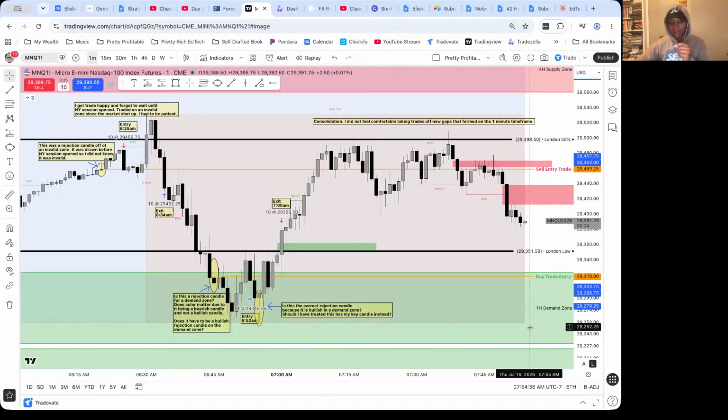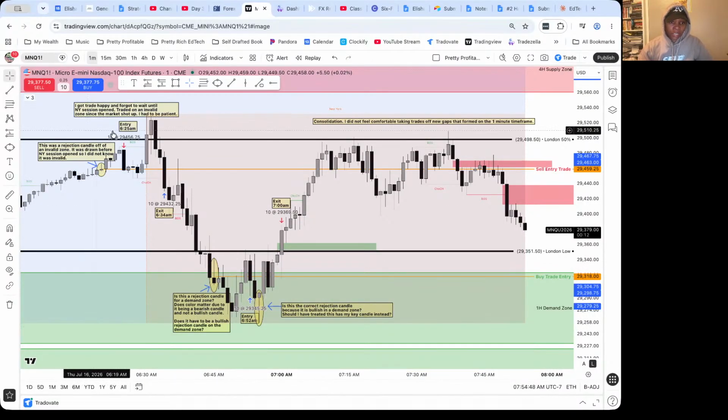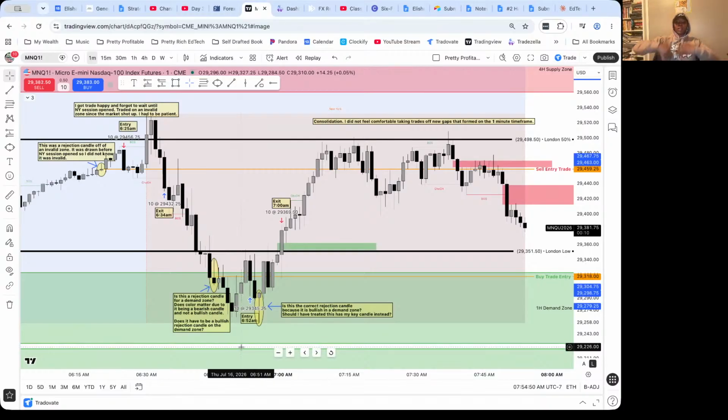Now it's gonna be having the power to walk away and not overtrade or get greedy, because I could take this trade and then lose everything that I just gained today. And then I wouldn't have hit my target.